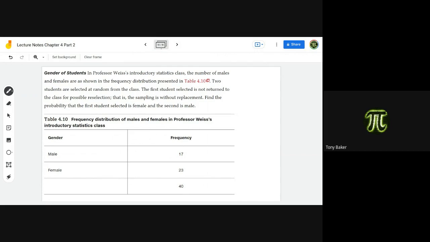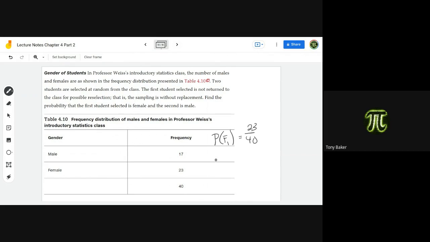Find the probability that the first student selected is female and the second is male. The first being female is 23 out of 40. Exactly, because the kid doesn't come back.